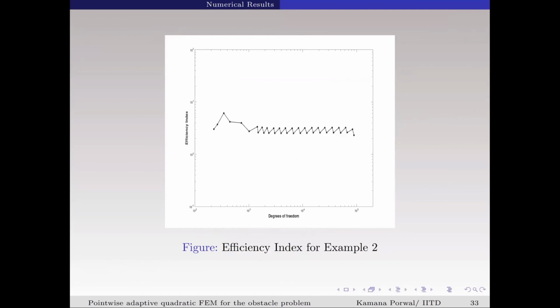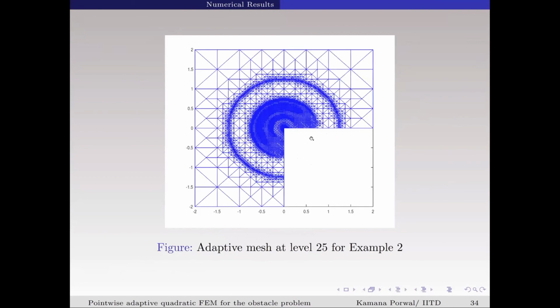The efficiency of the estimator is shown in this figure by using these efficiency indices. And here is the adaptive mesh refinement, reported at a certain intermediate level. We observe that there is more refinement near the origin because the solution has a singularity in the gradients near the origin and along the free boundary.